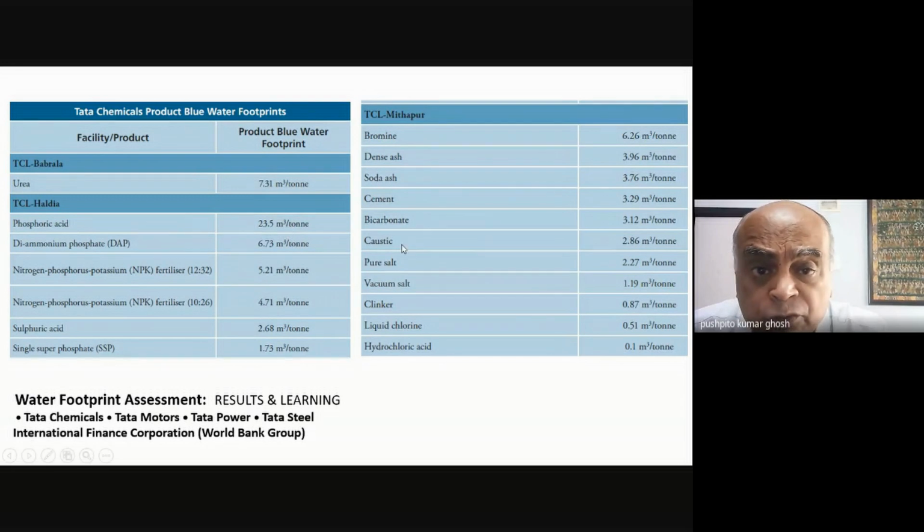I'm not going to produce it anymore. I'll import it. Someone might even take that kind of a decision, and then of course find out what is the cost of importing versus this, or would say, hey, all you guys, you focus on this and try to reduce the water footprint of phosphoric acid manufacture. So that's the kind of insight you can get through this kind of a number.